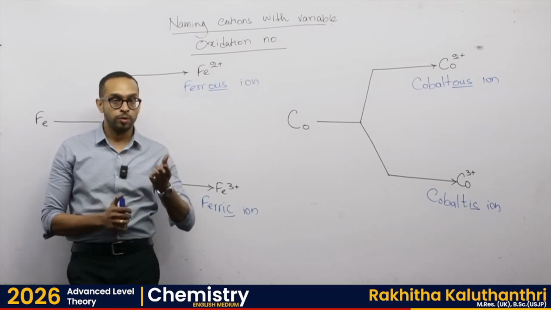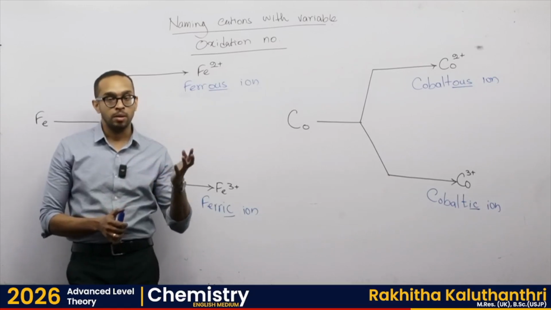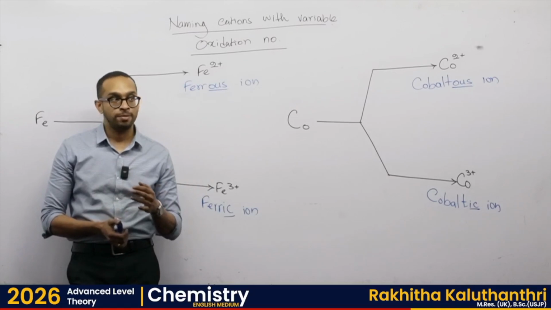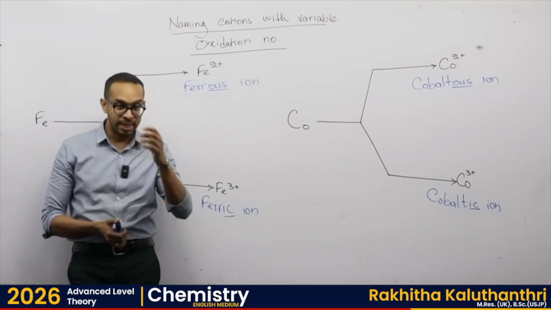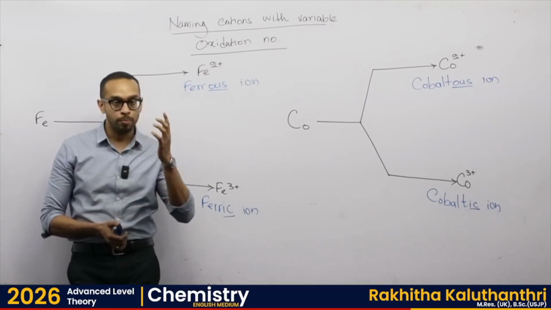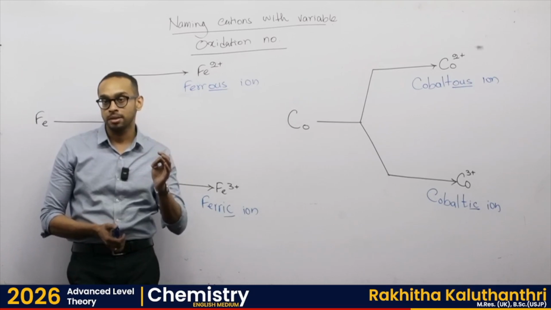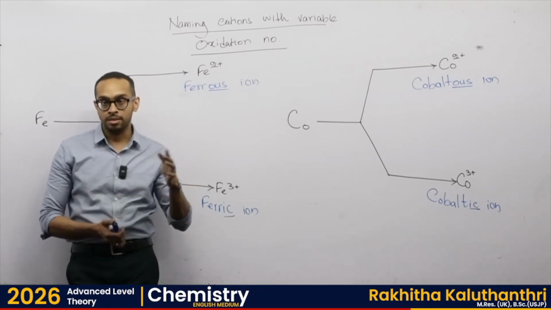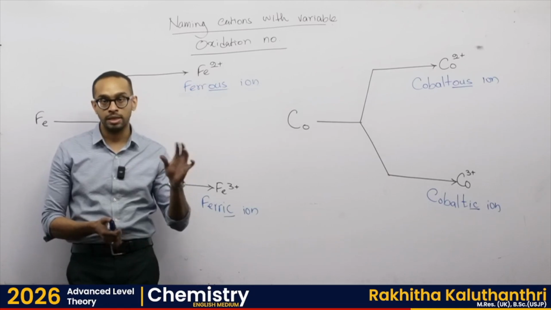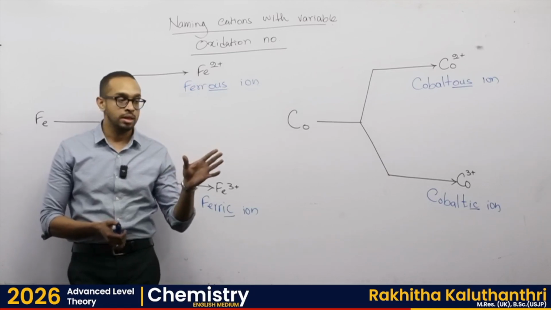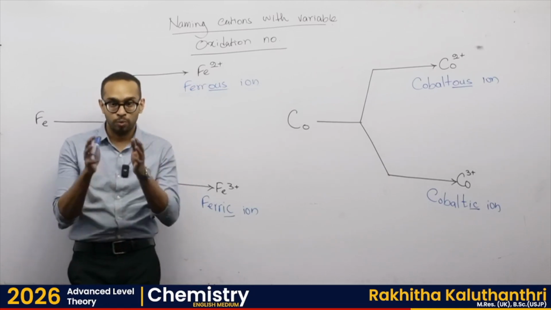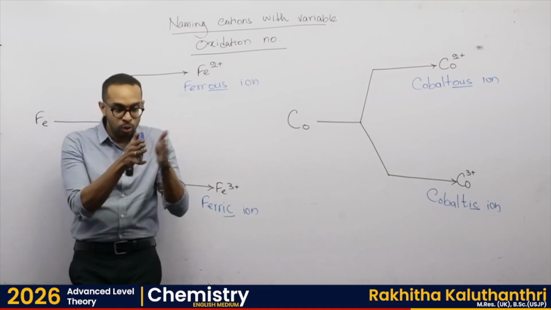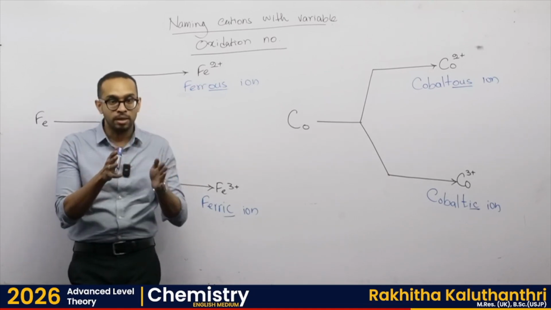Mercury also has two different oxidation states, so we say mercurous, mercuric. We have lead. Lead is referred to as plumbous, plumbic. We have tin, which has the symbol Sn. Its Latin root is stannum; there's a Latin name for it. The root of the Latin name is taken, and then you put the OUS part and IC part.